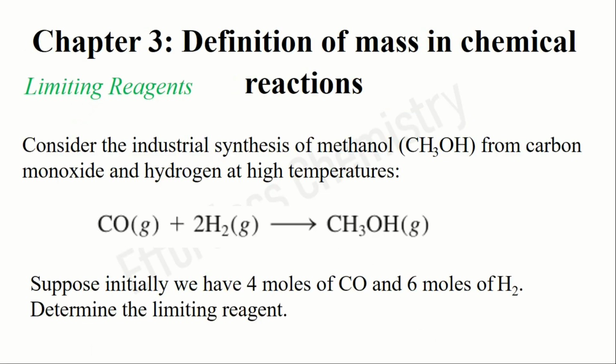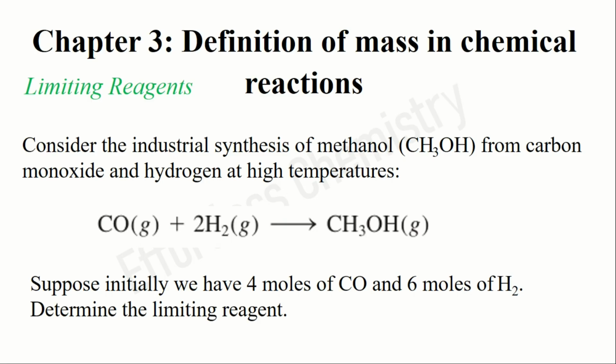Let's solve a problem. Consider the industrial synthesis of methanol from carbon monoxide and hydrogen at high temperature. Suppose initially we have 4 moles of carbon monoxide and 6 moles of hydrogen. Determine the limiting reagent.